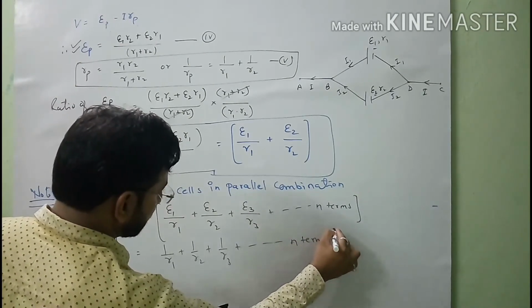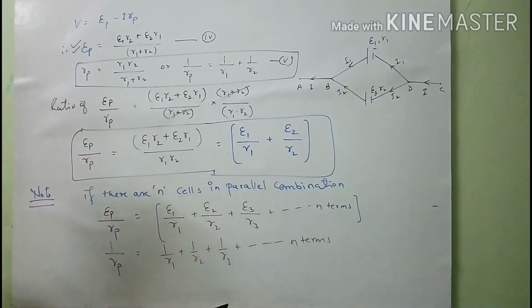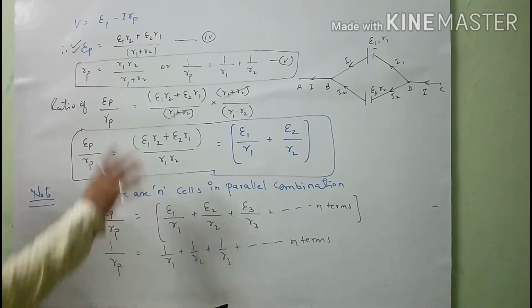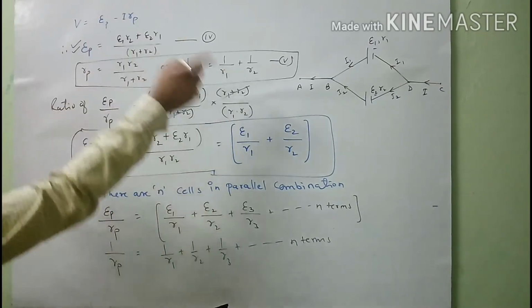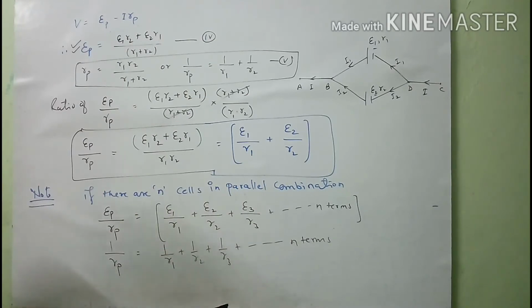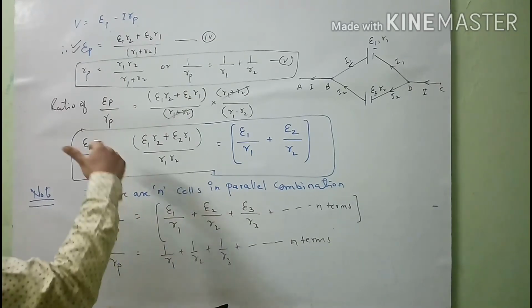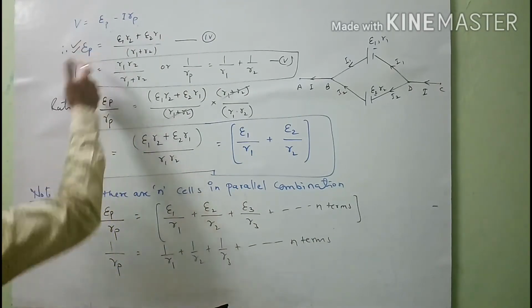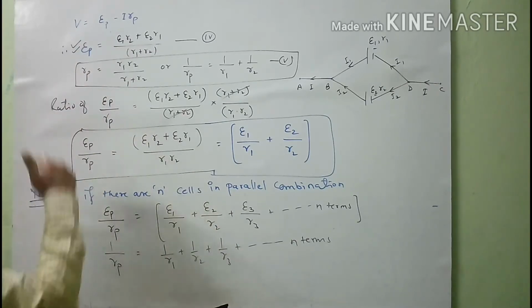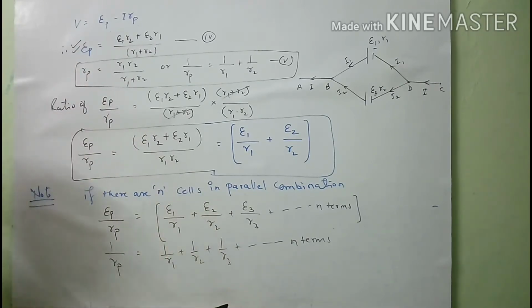This is the combination for internal resistance in parallel form. Point is clear? So after this discussion, I will use one case when the EMF of all batteries is the same. That time what result comes in case of EP and RP, we will see. So for that, pause the video and note down.